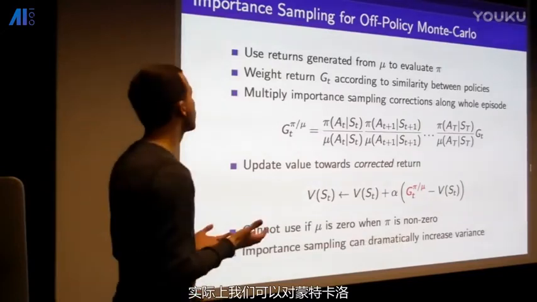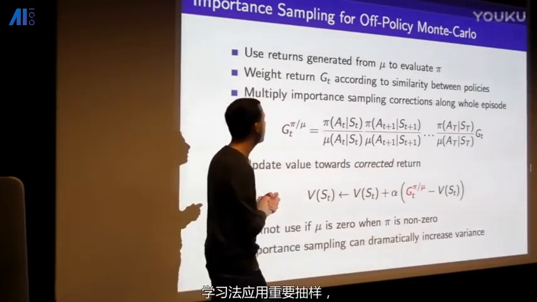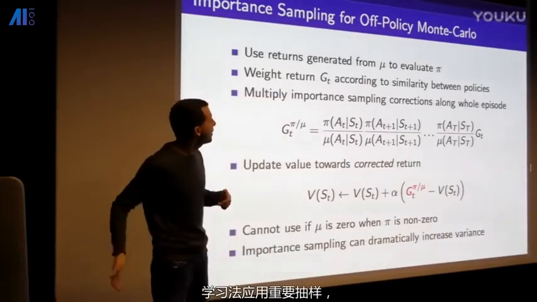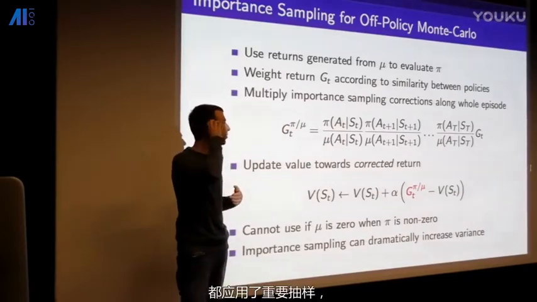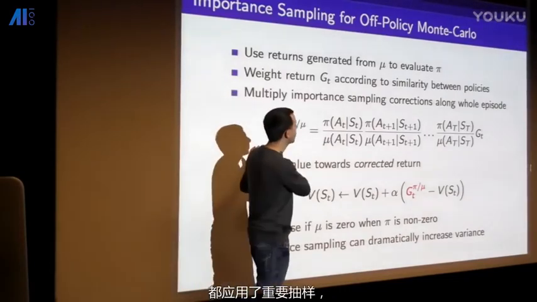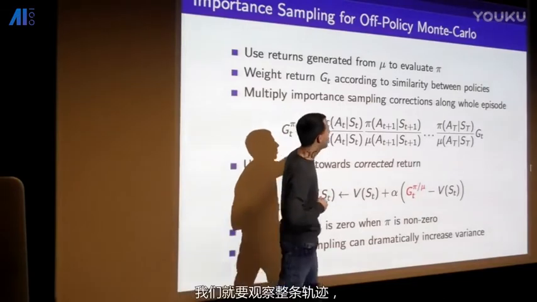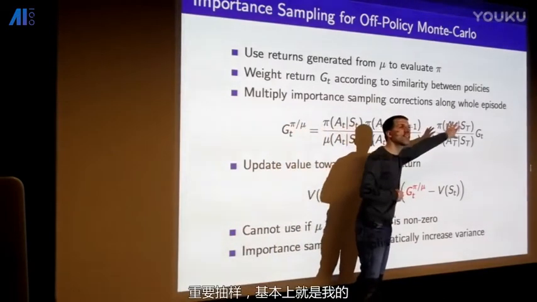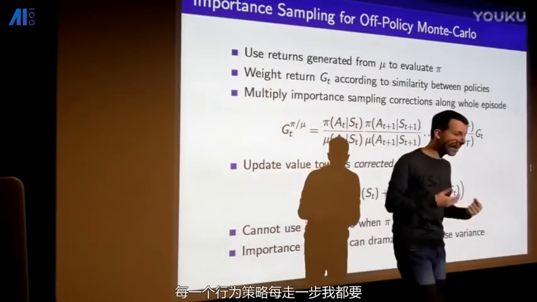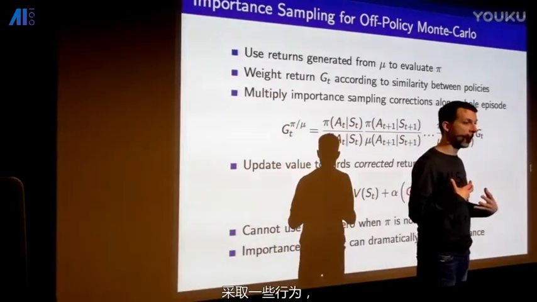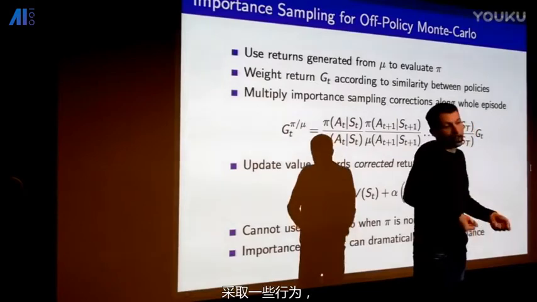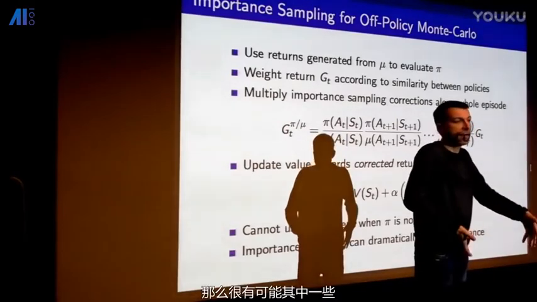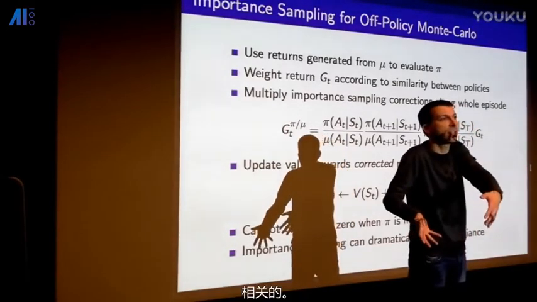So we can apply importance sampling to Monte Carlo learning by basically doing importance sampling along the entire trajectory. So when we importance sample in Monte Carlo, we have to look at the trajectory. We have to multiply these importance sampling ratios across the entire trajectory. Like every single step, there was some action I took according to my behavior policy, and there's some probability that action would have been taken under the behavior I'm actually trying to learn about.